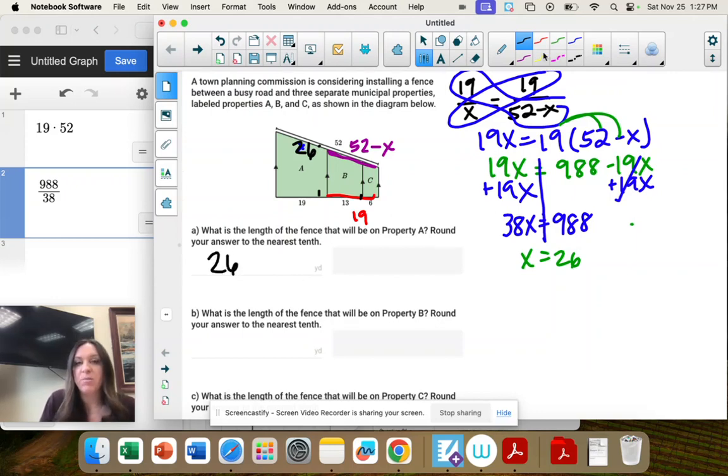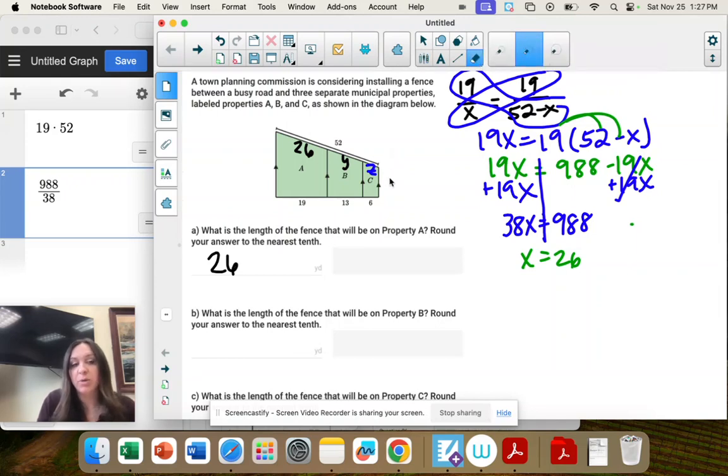Okay, now we want to find property B and then property C. So we know that's 26, and say we're trying to find B, which is Y. The problem is C right here is we need to use the 52. If we add in another variable, we're going to need more equations.